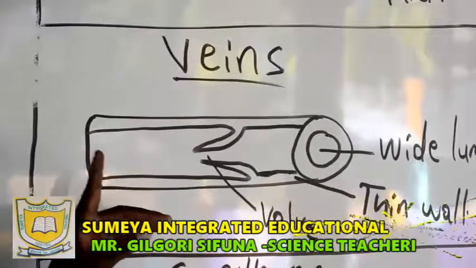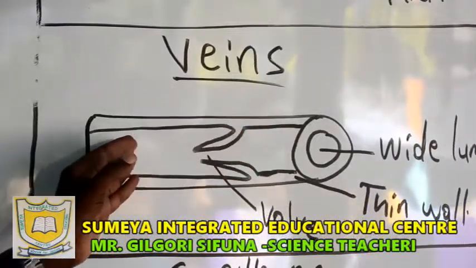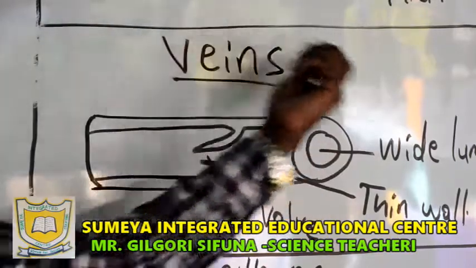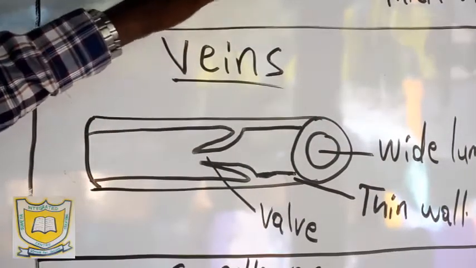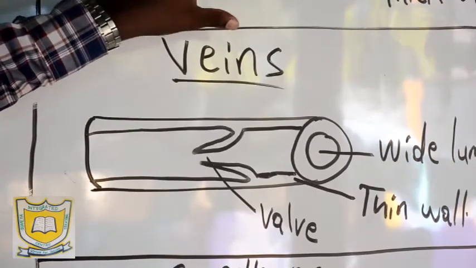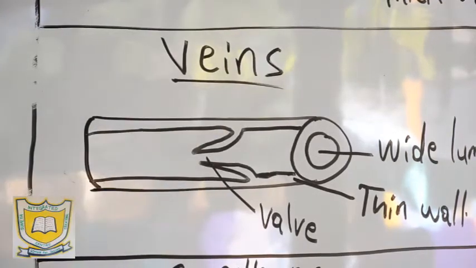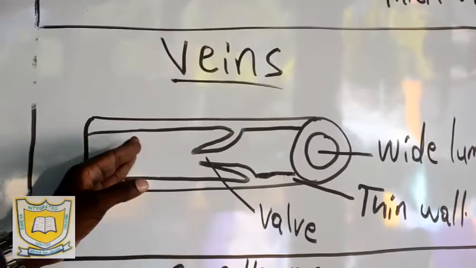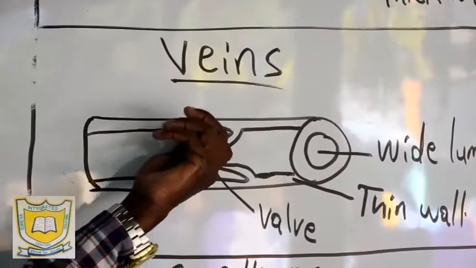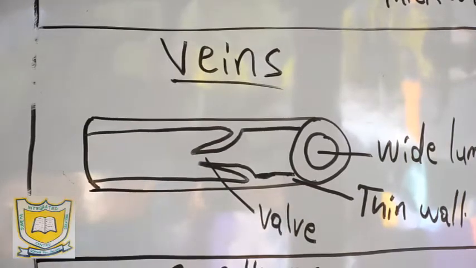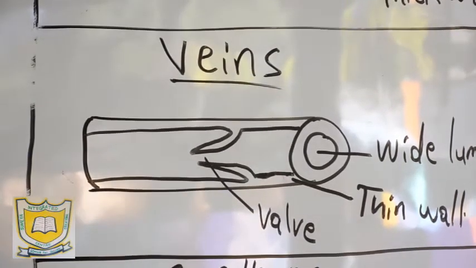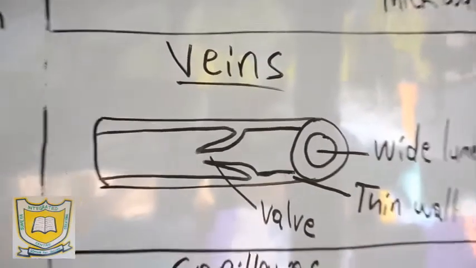So what prevents backflow, blood changing direction and starts moving to the other side, are the valves. This one, because of pressure, the arteries does not have valves, but veins have valves, because when blood tends to come back, the valves will close and stop that blood from coming backward. Now, those are the characteristics of veins.